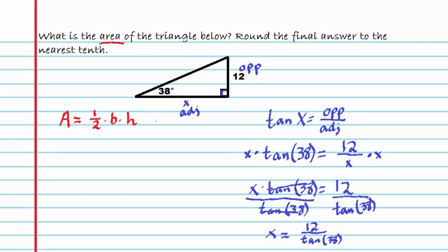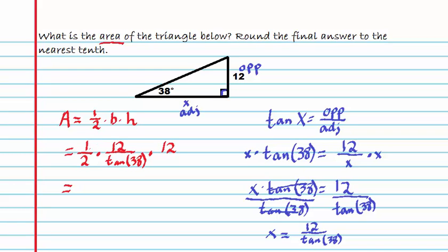So now I have enough information to use my area formula. When I come back over here to my red statement, I have 1/2 times the base. Well, I just found out the base is 12 over tangent 38 times the height, which was given to me originally, which is 12. When you multiply all of these parts together, make sure when you type in the tangent of 38, your calculator is in degree mode.